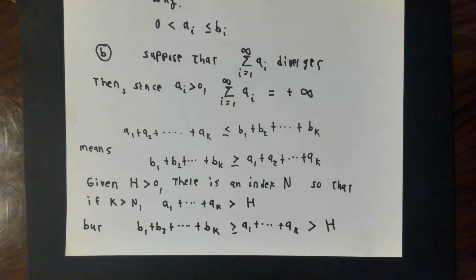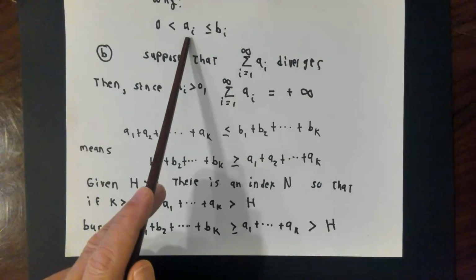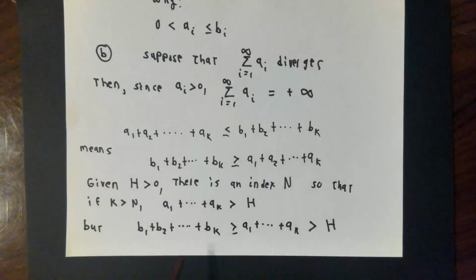So if the sum of the things in the middle diverges, then the sum of the things on the outside diverges as well. This completes the logical argument that this direct comparison test is as we said it was.